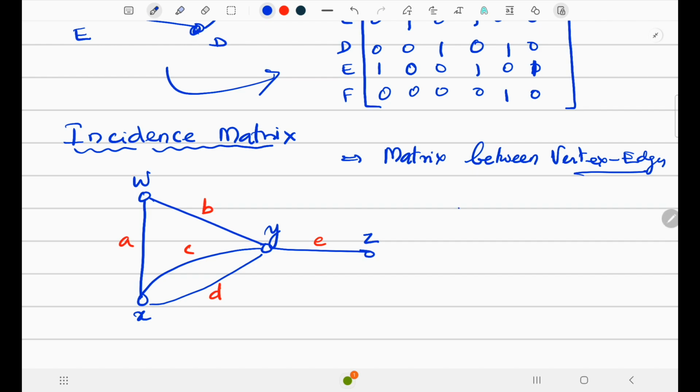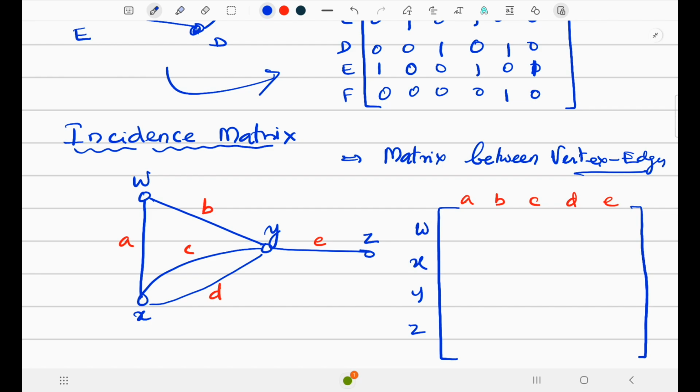So we need to consider how many vertices we have, W, X, Y, and Z, and how many edges we have, A, B, C, D, E. Now if any vertex is incident to any edge, make it 1, otherwise 0.